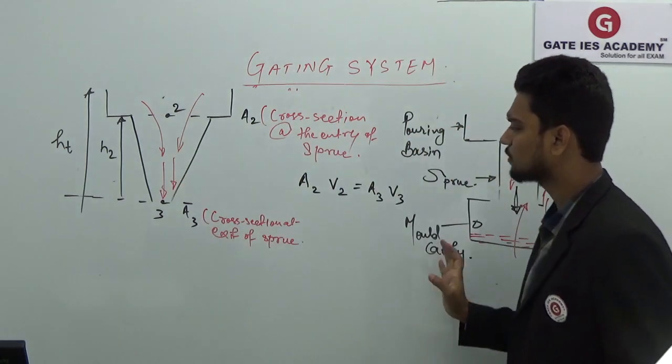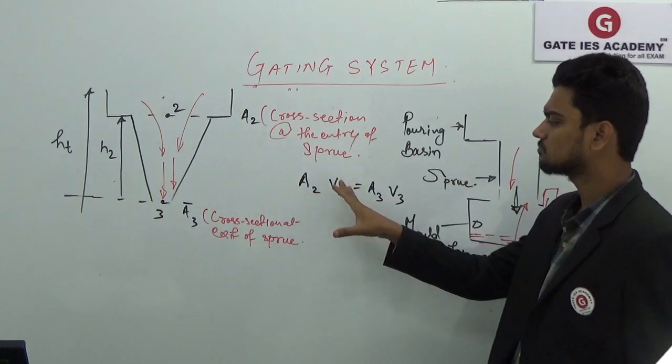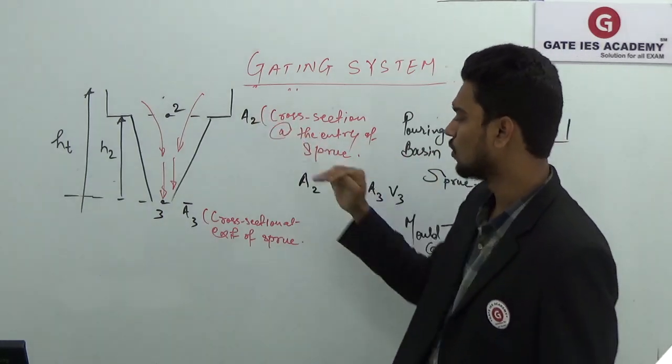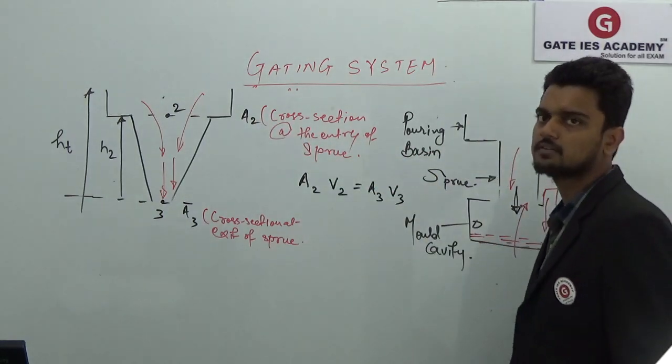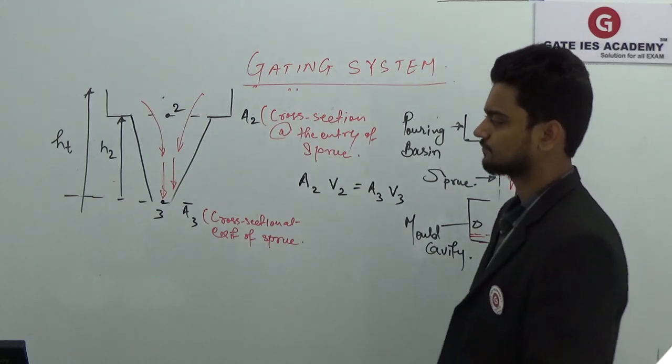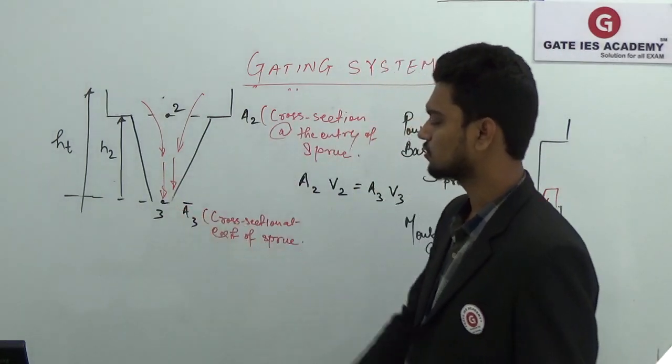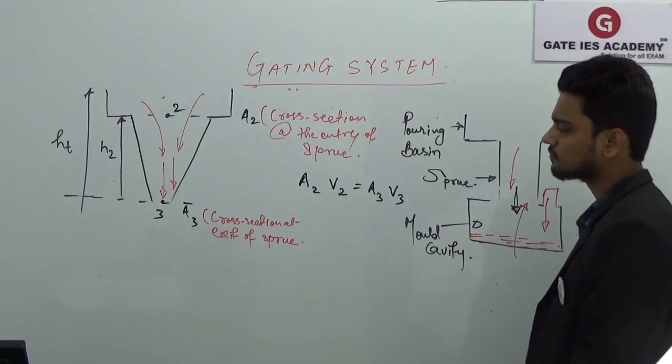So by that equation of continuity we can write down that A2, that is the discharge at 2, will be equal to the discharge at 3. That is, the cross section 2 discharge is equal to the discharge at 3.